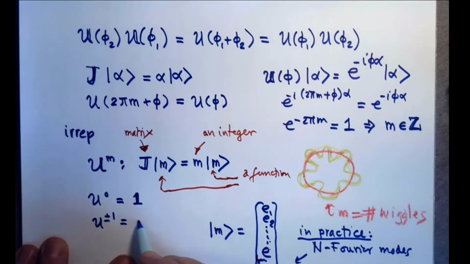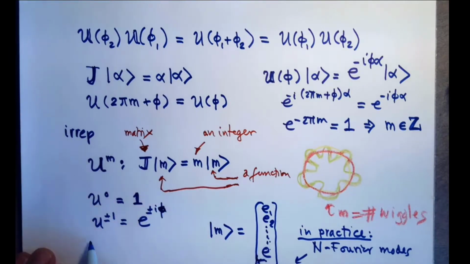I just flashed them again for you. It's plus minus i m, well, m equals 1, so phi. But then there is U plus minus 2. Two distinct representations. I'm saving space. And off to infinity.